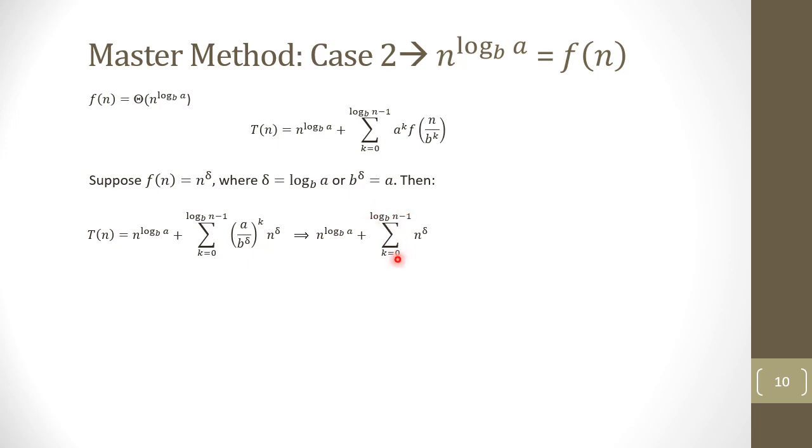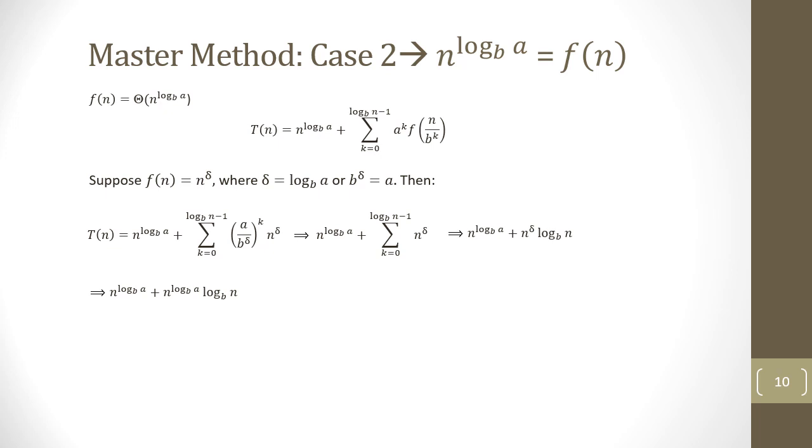That is from 0 to log base b of n minus 1. So we have n to the power of log base b of a plus n to the power of delta times log base b of n. We plug in the value of delta here and we get the following equation.